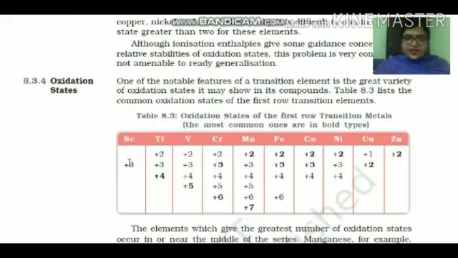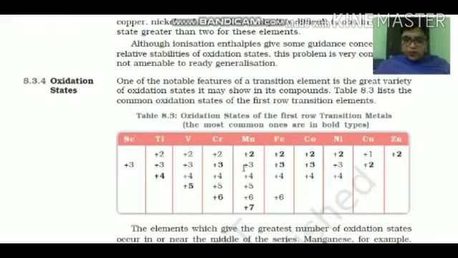You can see titanium +2, +3, +4, vanadium +2, +3, +4, +5, chromium +2, +3, +4, +5, +6, manganese +2, +3, +4, +5, +6, +7, iron +2, +3, +4 and +6. For cobalt it is +2, +3, +4. For nickel it is +2, +3, +4. For copper it is +1, +2 and for zinc it is +2.